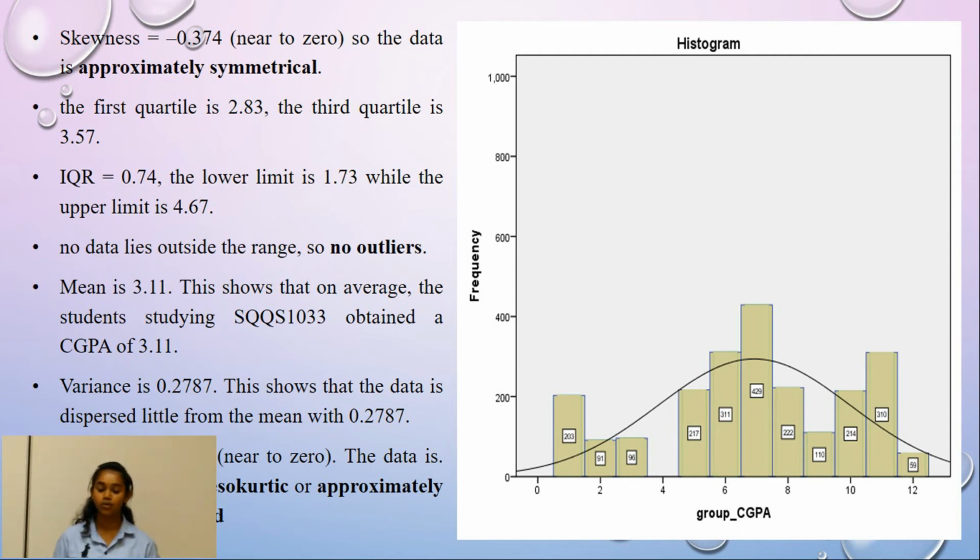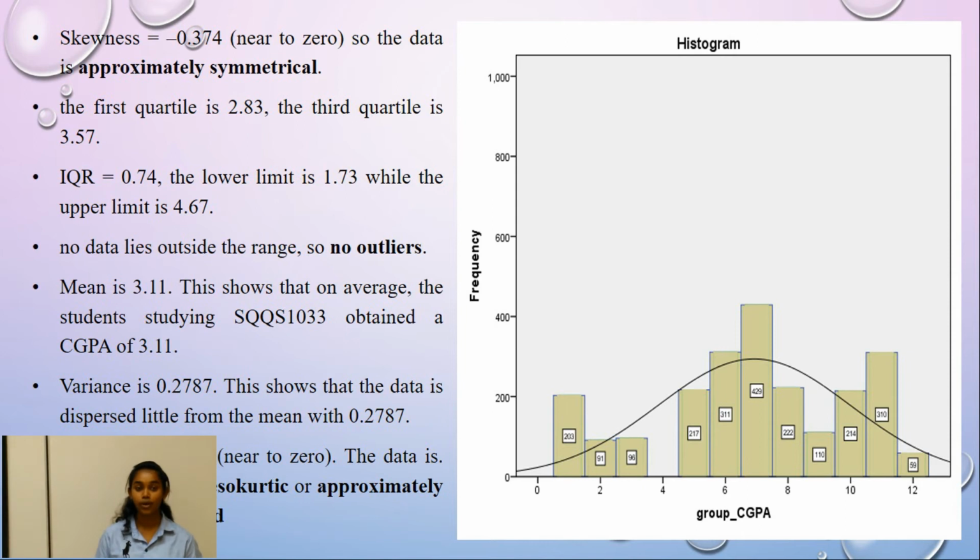data is approximately symmetrical. The first quartile is 2.83 and the third quartile is 3.57. IQR equals 0.74. The lower limit is 1.73 while the upper limit is 4.67. There is no data outside the range, so there are no outliers. Mean is 3.11.